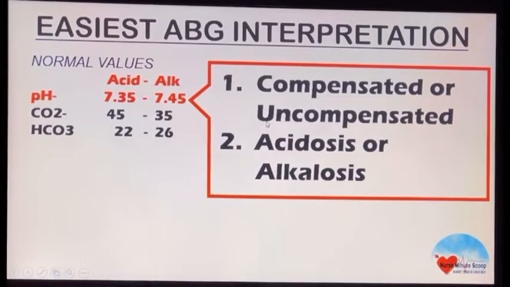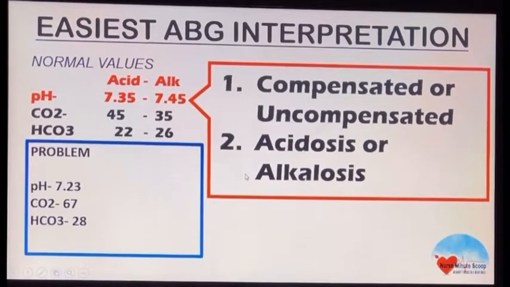That's for our pH. So that's our good first indication, right? And then, as I told you guys, for acidosis or alkalosis, anything below on the left side is acidosis, and we're looking at pH, okay? And anything that's over 7.45 is alkalosis. So that's our first step: knowing compensated or uncompensated, acidosis or alkalosis.